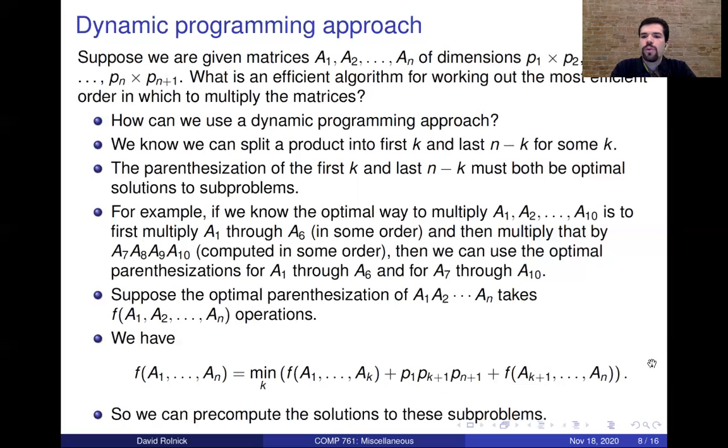Suppose in the process of working out f of a1 through an, will we ever need to work out f of a3, a4, a5? Will we ever need that?